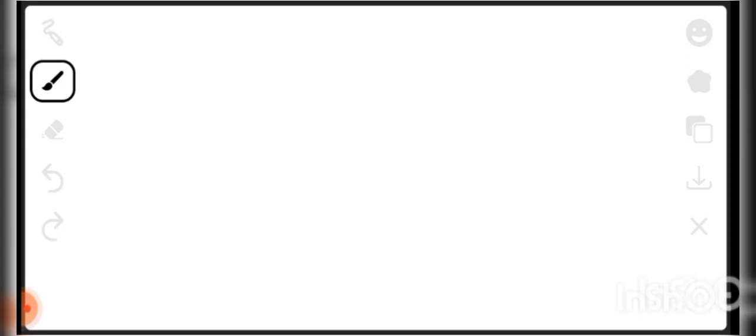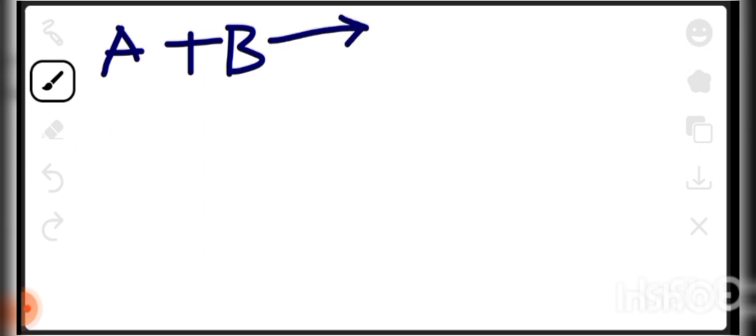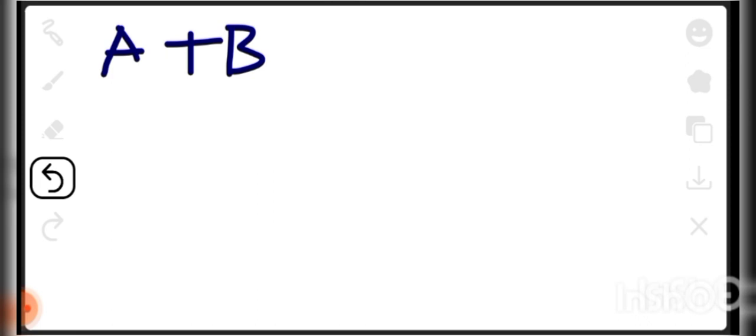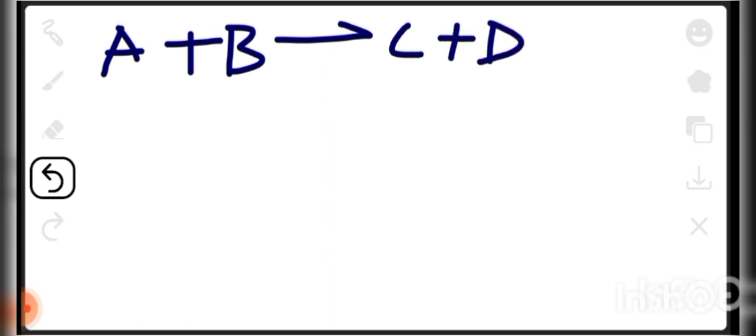Now, we all know that most chemical reactions are just a combination of some species, let's say A and B, to give products, let's say C and D. Now, this is just a chemical reaction, and there are some reactions of this nature in the sense that if A is combining with B to form C and D, then C and D will combine together again to form back A and B. So this is where chemical equilibrium is coming from in this kind of reaction.